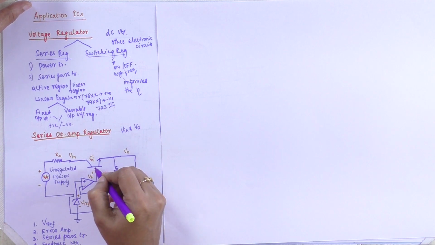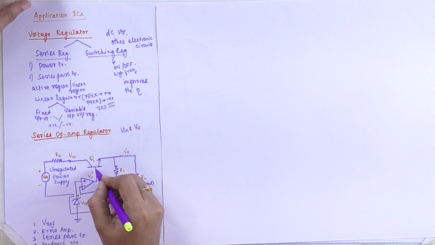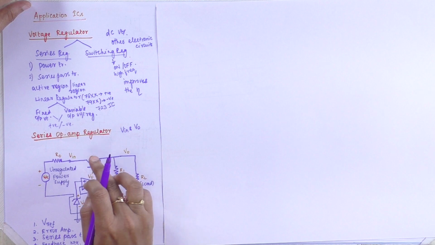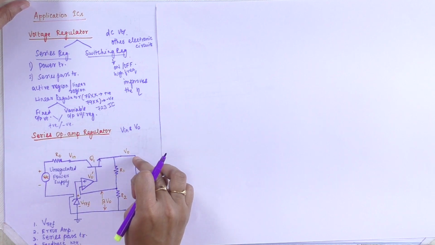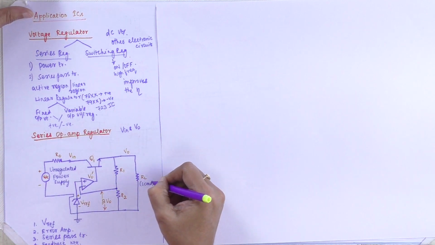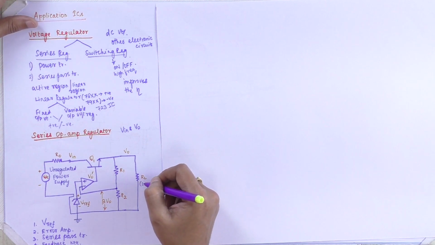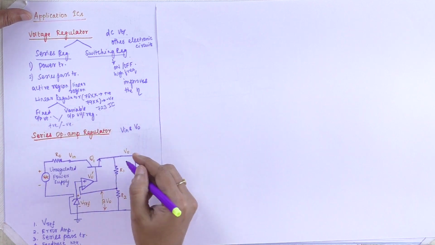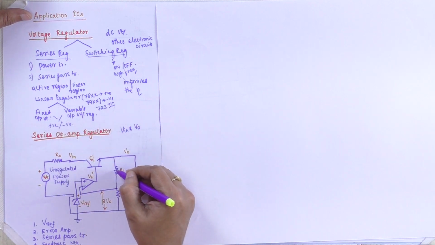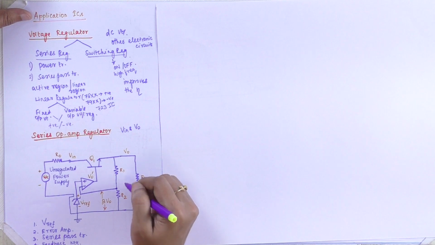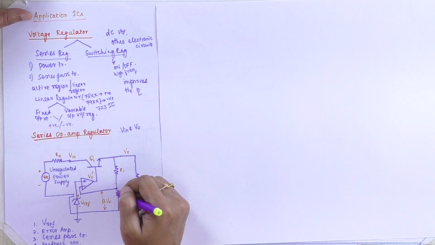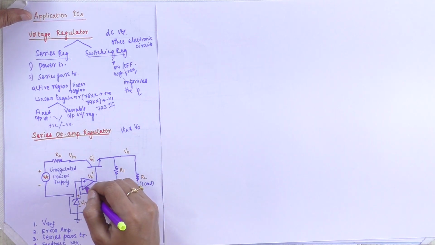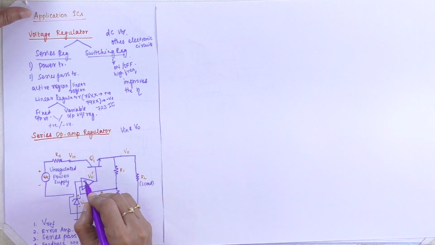The transistor Q1 is also connected as an emitter follower, and therefore it provides sufficient current gain to drive the load resistor. The output voltage V0 is sampled by the resistors R1 and R2, like a divider, and it is fed back to the inverting input terminal of the error amplifier circuit.